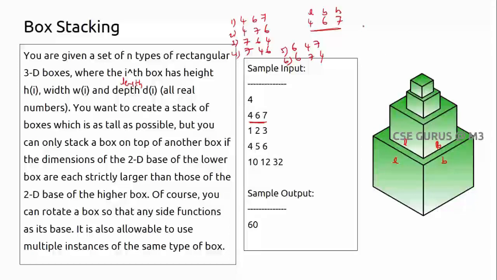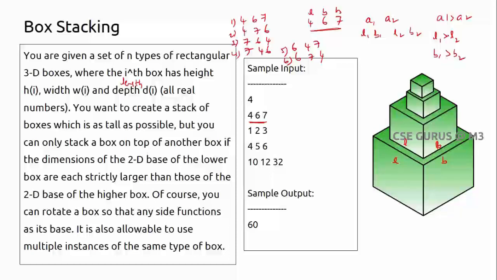Let us suppose I take 2 areas, A1 and A2, and the lengths and breadths are L1 and B1, L2 and B2. Your constraints are such that not only A1 is greater than A2, you have to check that L1 is greater than L2 and B1 is greater than B2.